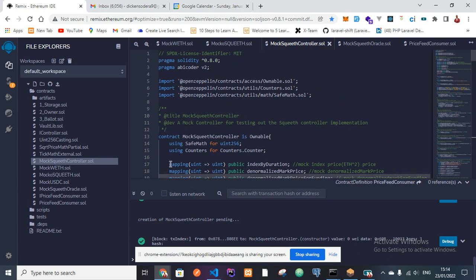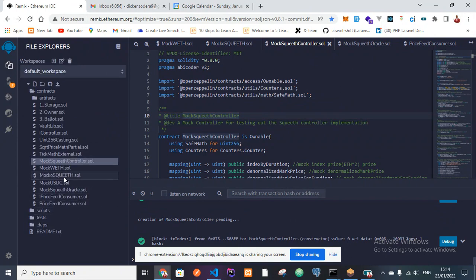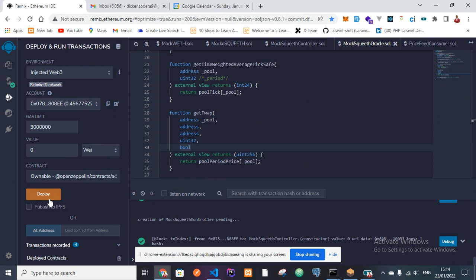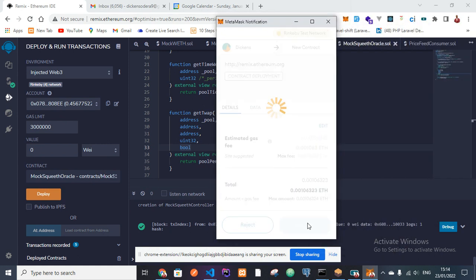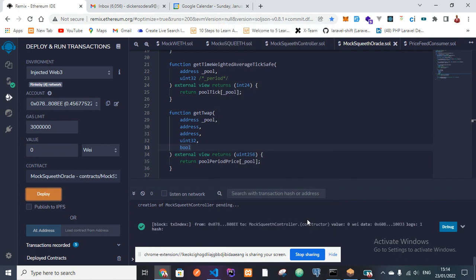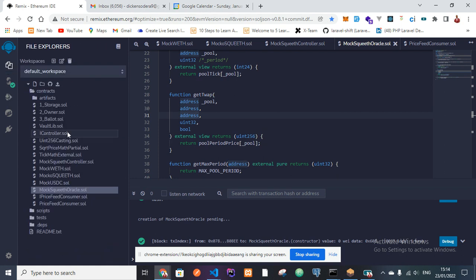So let's compile the mock square rooted ETH oracle. Yeah, so that being a success, we can now go ahead.